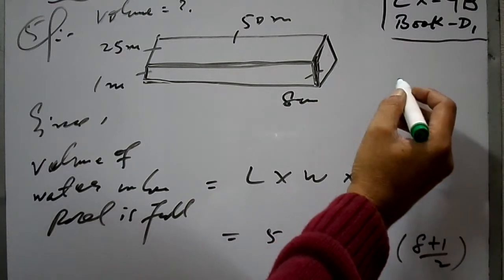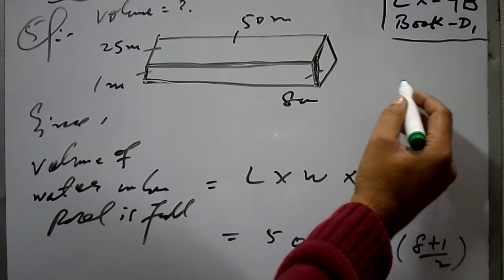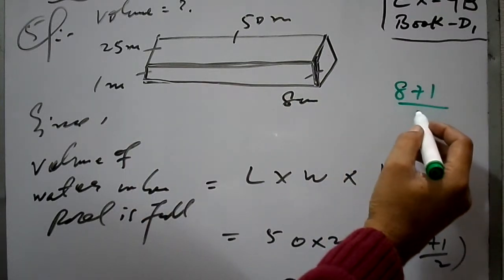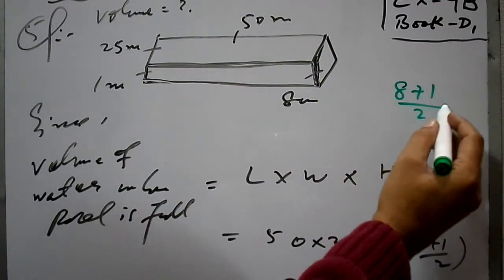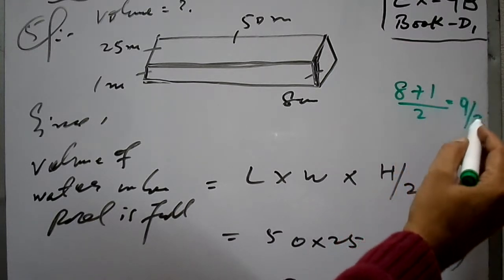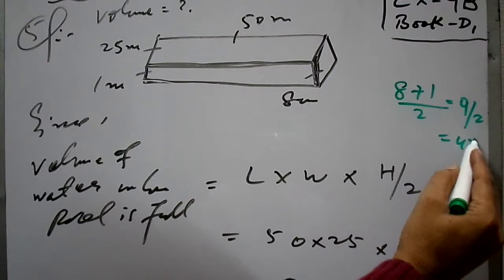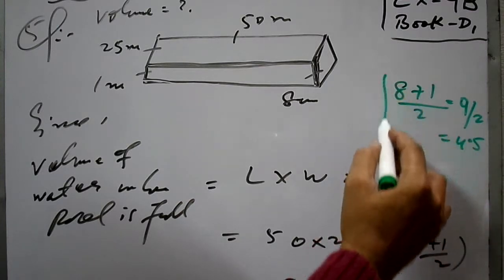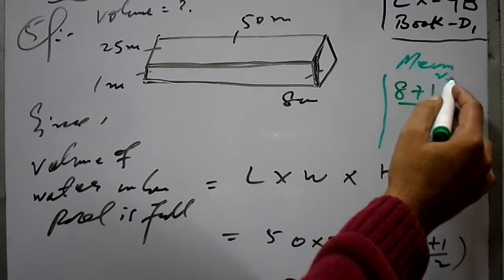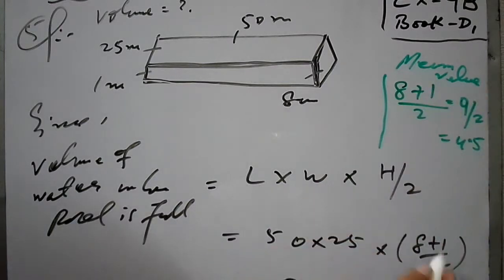For example, one height is 8 and the second one is 1 meter, so divided by 2, you will get 9 by 2, and the result is 4.5. So we need a mean value. That's why we have used it here.